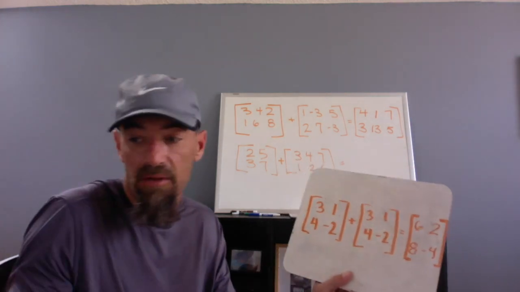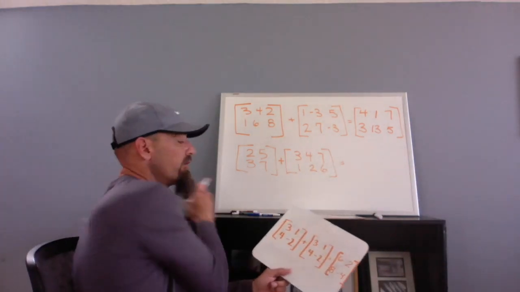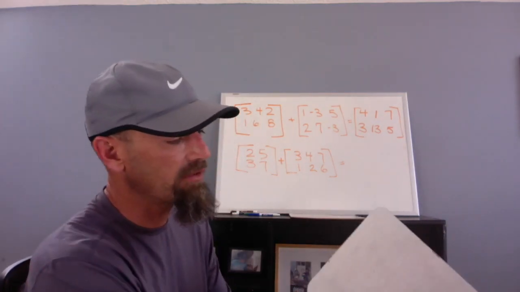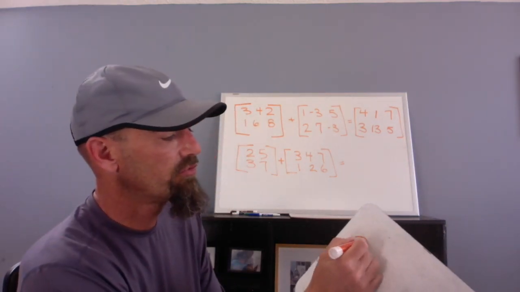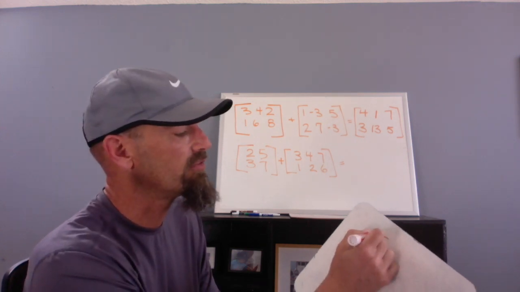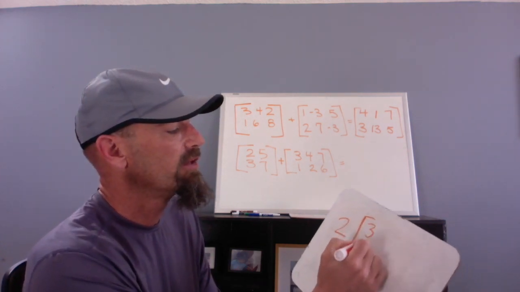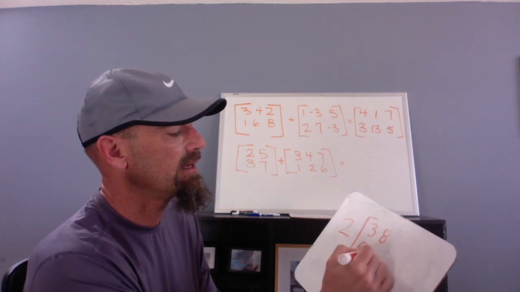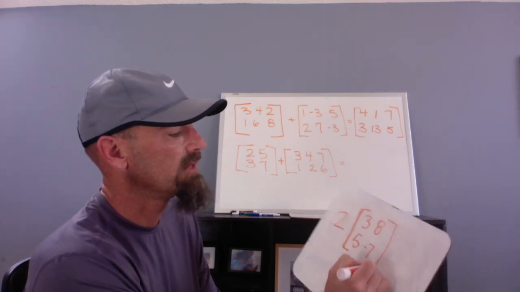So let's think about whether I can just multiply something by this, like 2. If I want to double the value of a matrix, let's say it's 2, 3, 5, 8, negative 7.